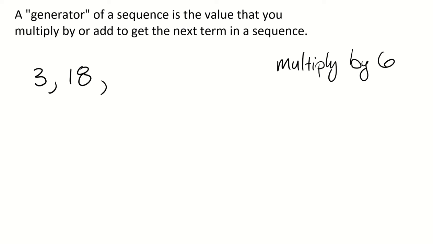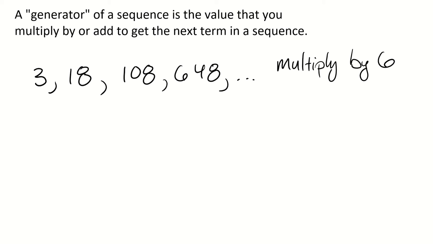If I multiply by 6 again, the next number is 108. And if I multiply by 6 again, the next number is 648. So this keeps going on and on like that. That's a sequence of numbers that started at 3 and had a generator of multiply by 6.